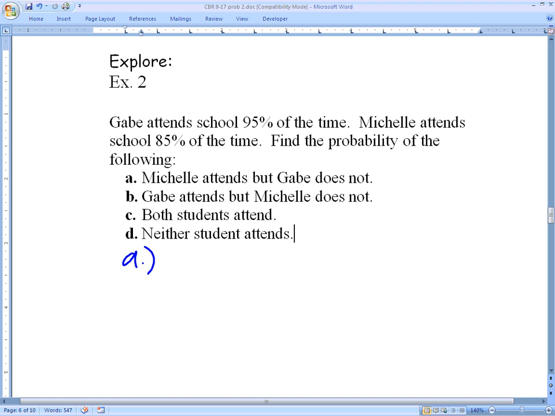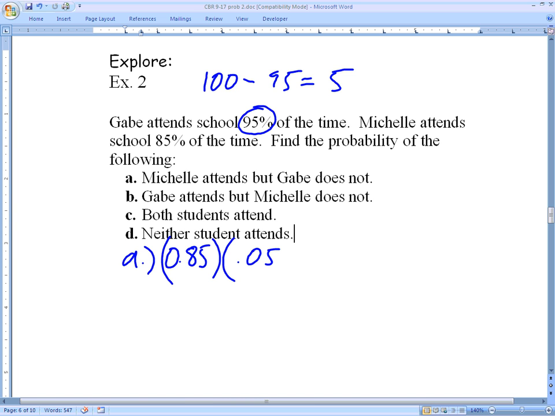So for part A, I've got Michelle's attendance, which is 0.85. And then I need to have Gabe not attend. Well, Gabe has much better attendance, 95%. His probability of not attending would be his complement. So if you take the whole, which is 100%, and subtract the 95%, that leaves you with 5%, or we could write that as 0.05 as a decimal.